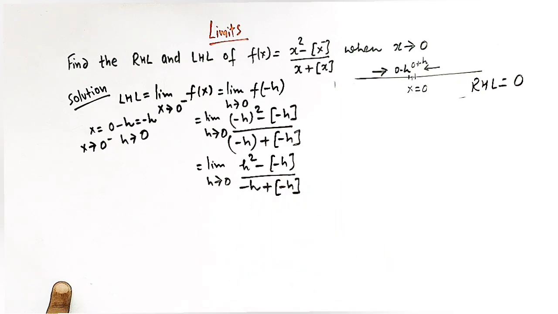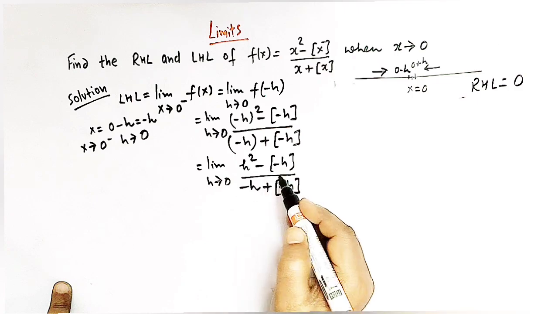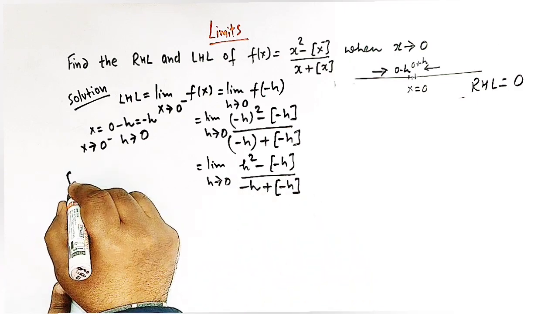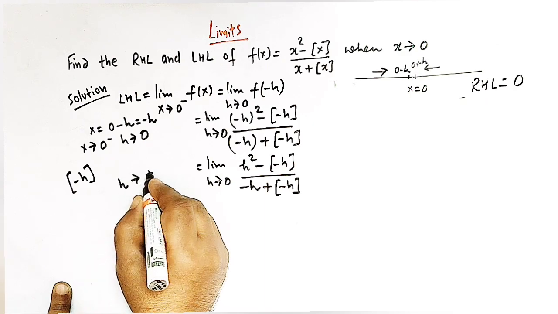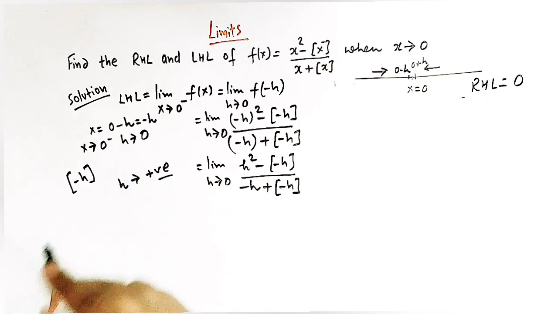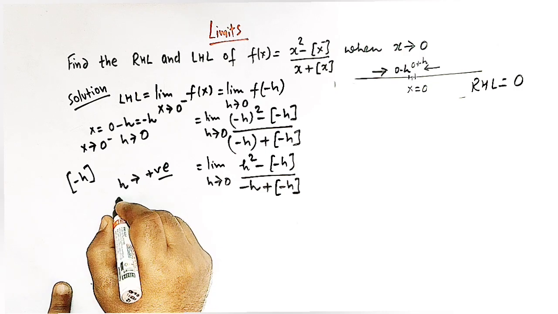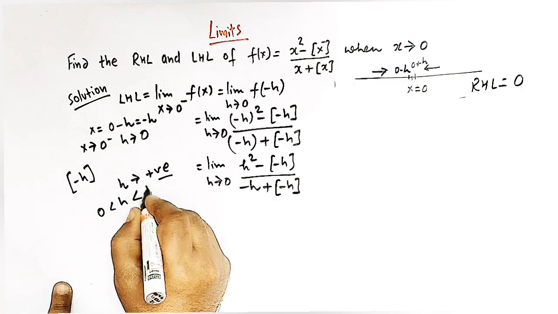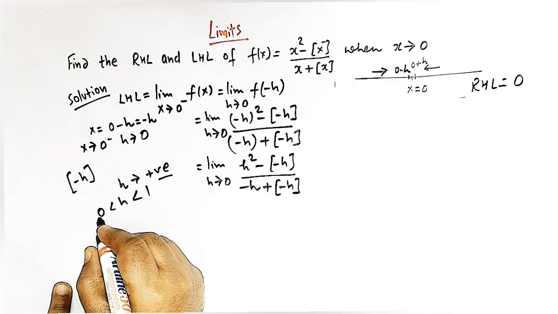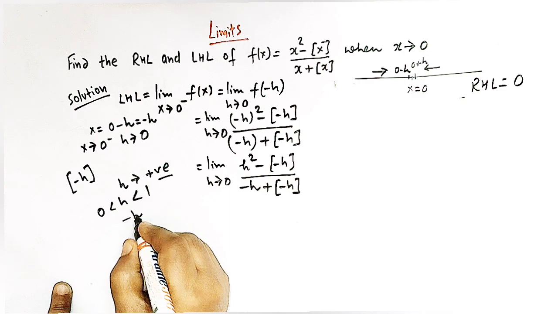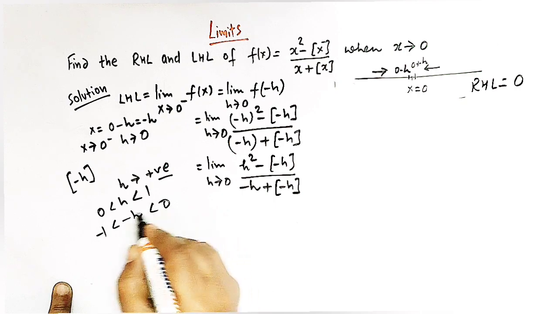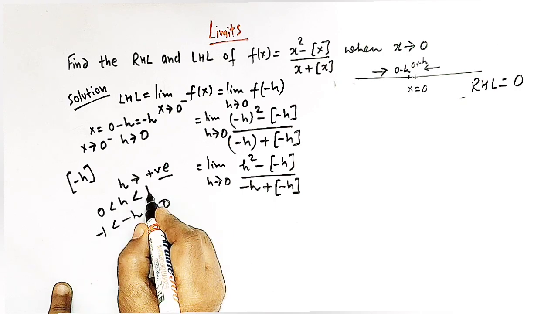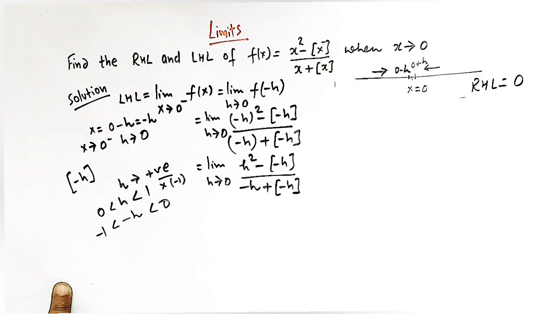So now we have to find out the value of greatest integer of minus h. As we have just seen that h is a positive quantity, and it is very small, that is it is infinitesimally small. So h lies between 0 and 1. So when h lies between 0 and 1, then minus h lies between minus 1 and 0. So this inequality can be obtained by multiplying this inequality by minus 1, right?